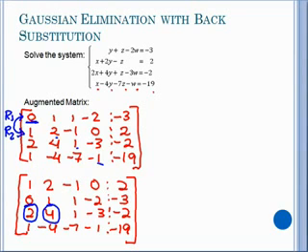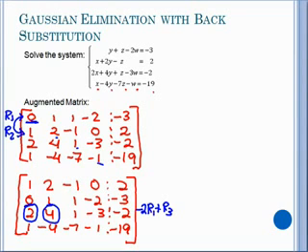So what I want to do is I'm going to multiply row 1 by -2, and I'm going to add that to row 3.